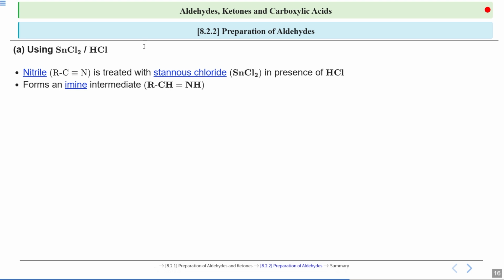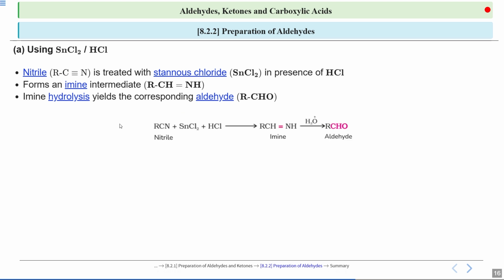As a result of this treatment, we form an intermediate, and that intermediate is called an imine intermediate. Imine has a double bond between carbon and nitrogen. This intermediate is a key step in the conversion process because it sets the stage for the formation of the final product. Now the imine undergoes hydrolysis and it yields the corresponding aldehyde.